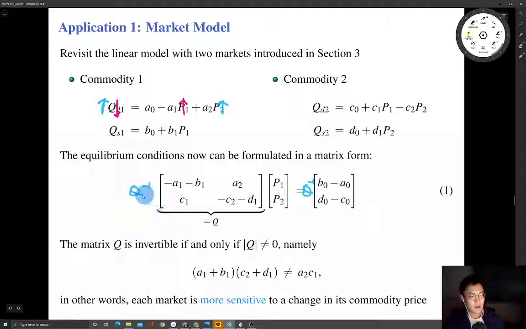Then the product of these two boils down to the identity matrix. I'm going to be left with just P1 and P2 on the left, and on the right the product of these two. We know how to compute the product of two matrices, so in the end we can find the equilibrium prices of P1 and P2 in a general form. That's what I'm going to do.